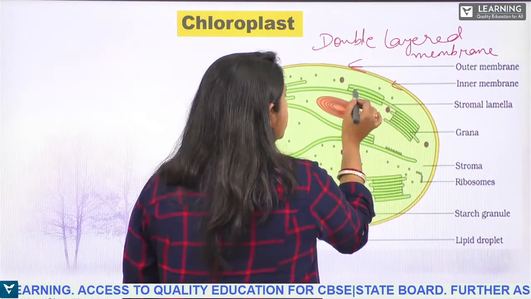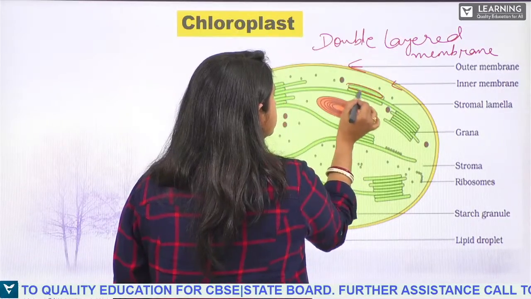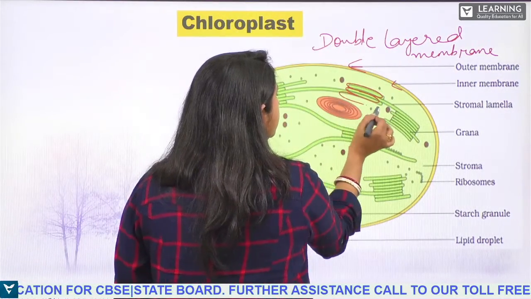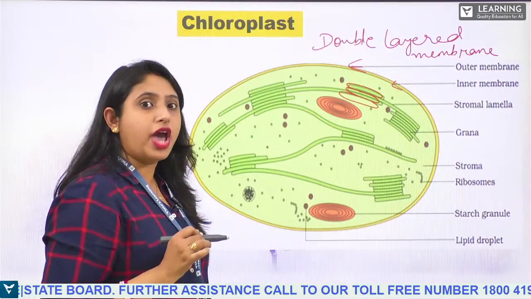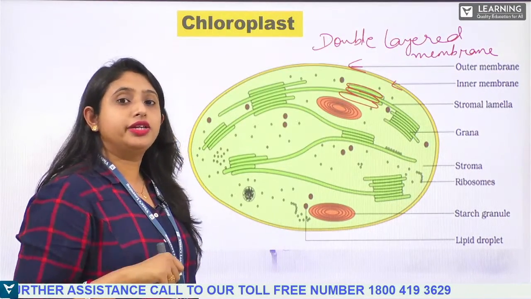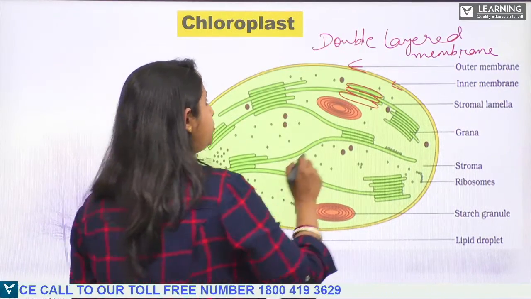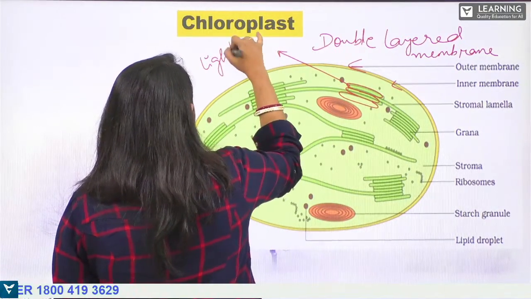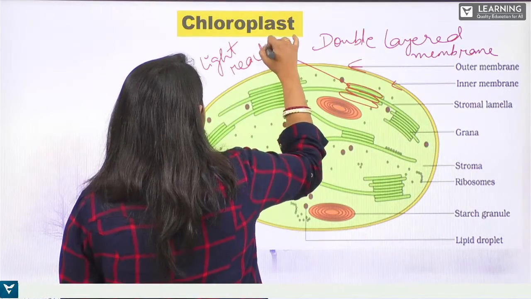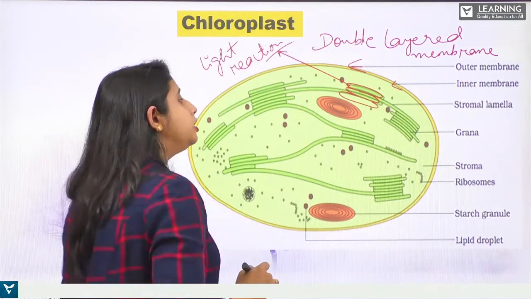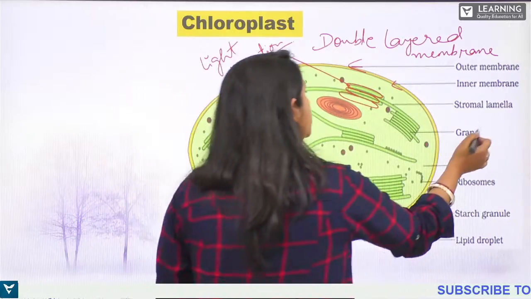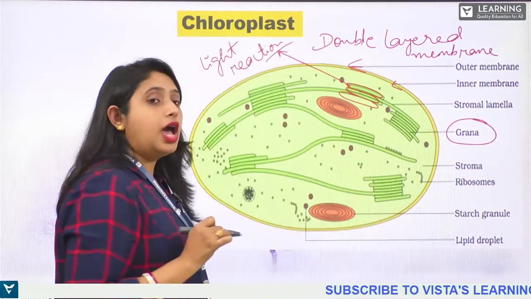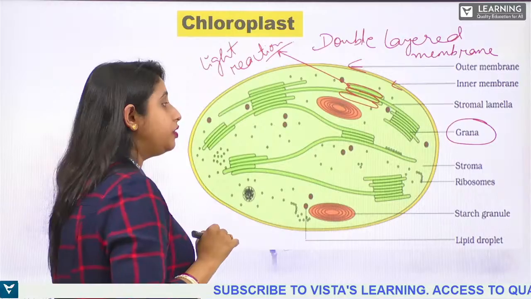These are the thylakoids, which are the packets of energy where the light reaction is taking place. The light reaction takes place in the thylakoid, and these thylakoids together are called grana.